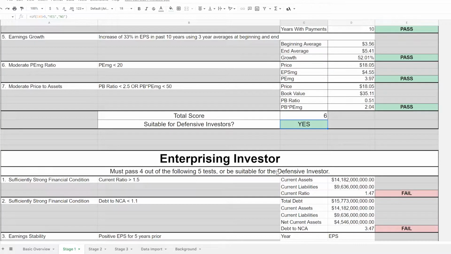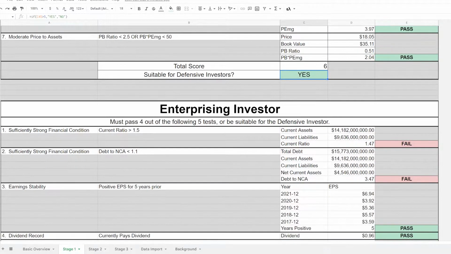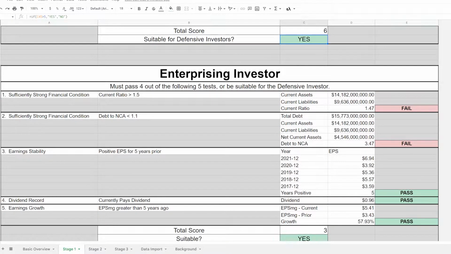The enterprising investor is somebody who is willing to take the time to do more in-depth research. And as it says here, if it's suitable for the defensive investor, then it is automatically suitable for the enterprising investor. That's the case here, even though it fails 2 out of the 5 tests for the enterprising investor.